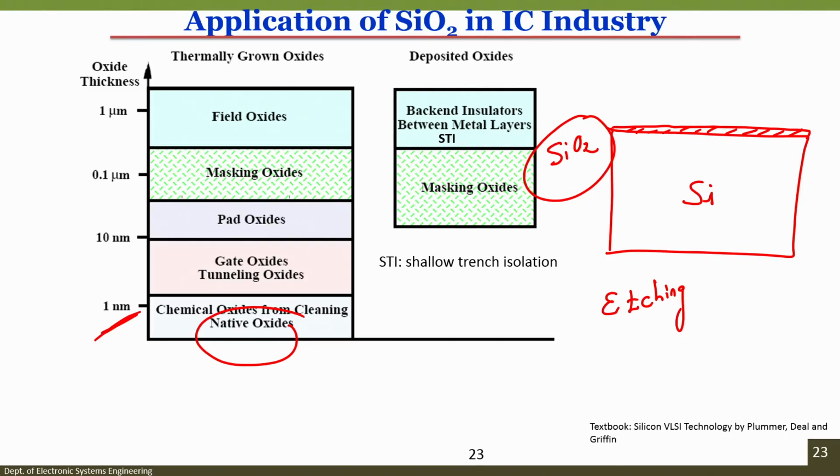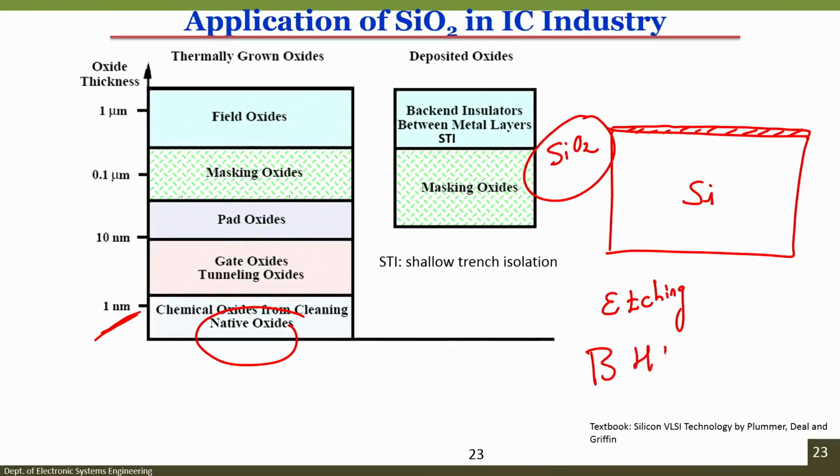It is formed on silicon because the silicon wafer is in contact with the environment, and since our environment consists of oxygen, it will react with silicon to form silicon dioxide, which is not useful. So, we have to etch it. For etching silicon dioxide, we use a chemical called buffered hydrofluoric acid, BHF.